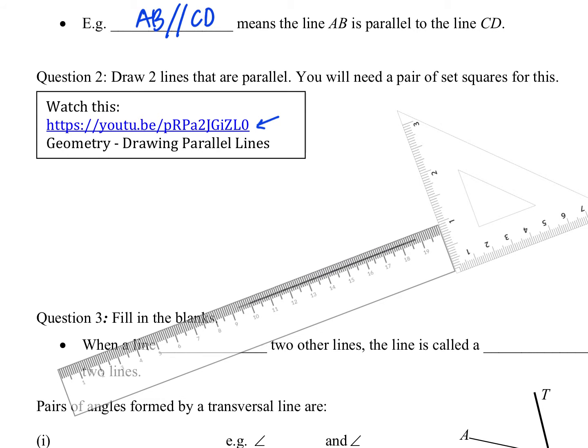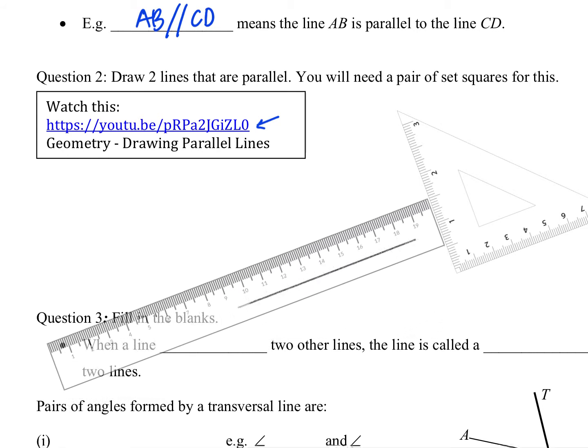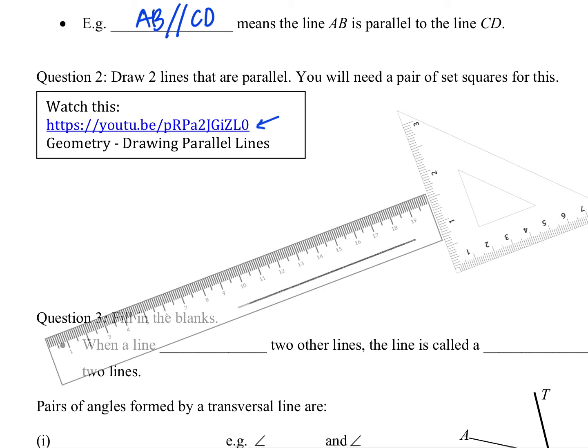And then we slide the ruler on the edge, maybe slightly upwards, using the set square to help us fix it in position. Then we move it a certain space away from the original line, and draw another straight edge again.